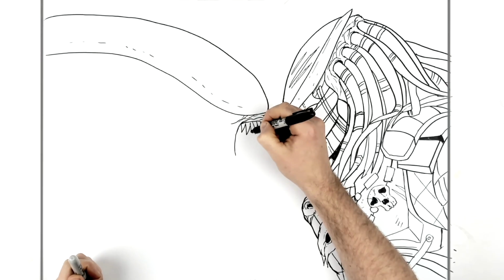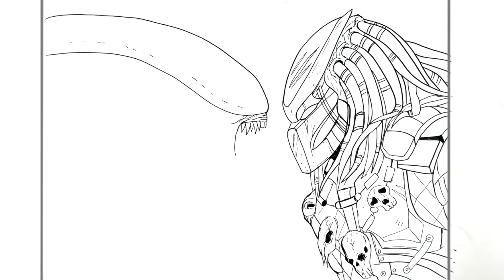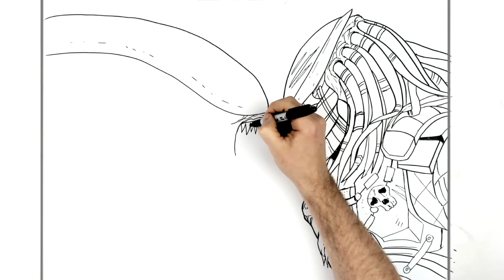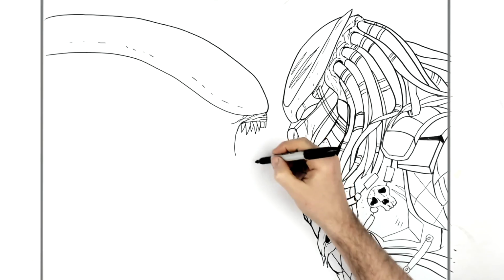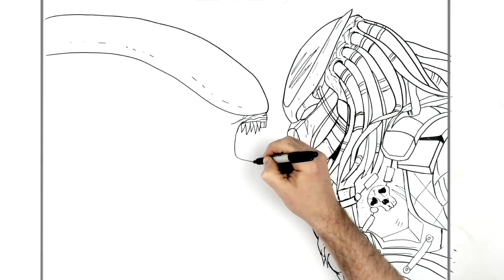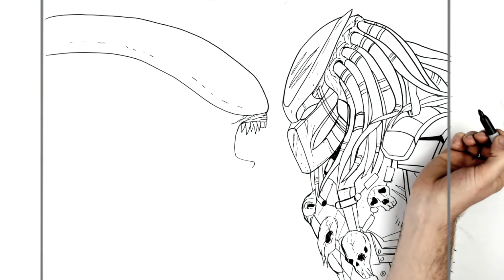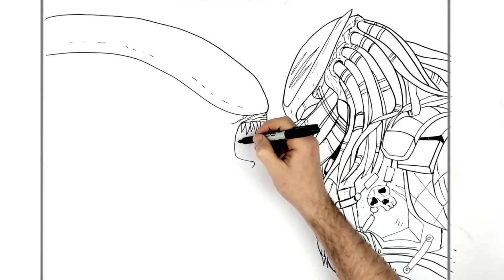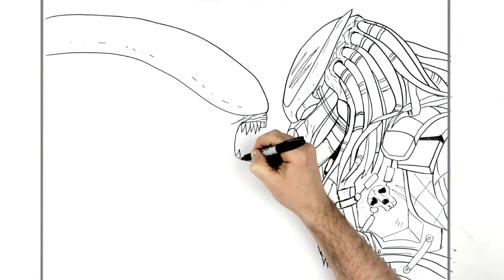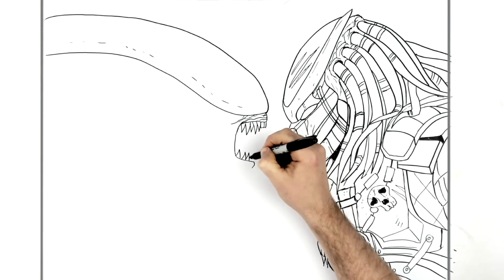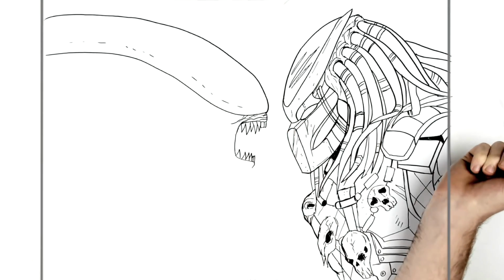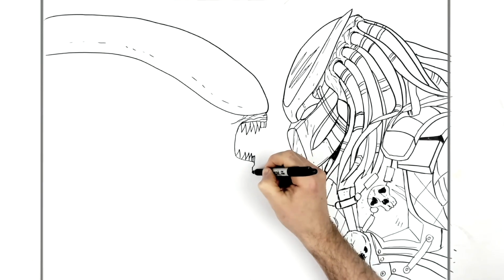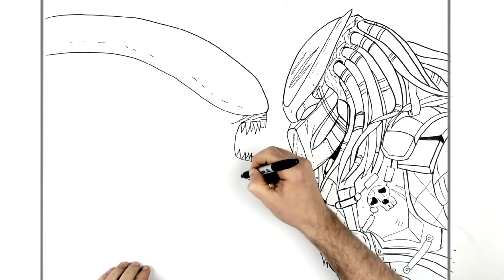You might be able to see another one in between there. So then the bottom jaw comes out here. And then teeth sticking up. And then this comes down to the chin and back around this way.